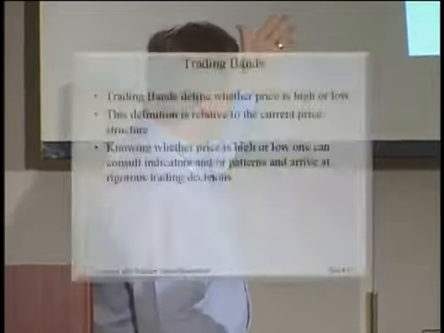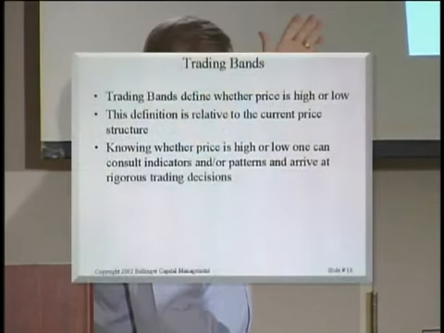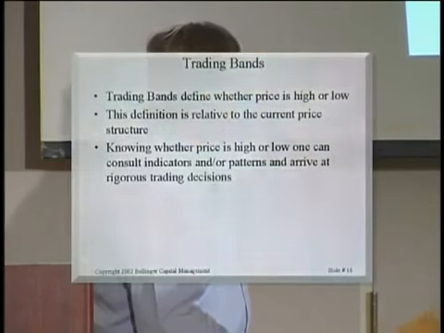Now, why trading bands? Remember our idea with volume? By using a moving average on volume, we could define whether volume was relatively high or low. Well, trading bands define whether price is relatively high or low.